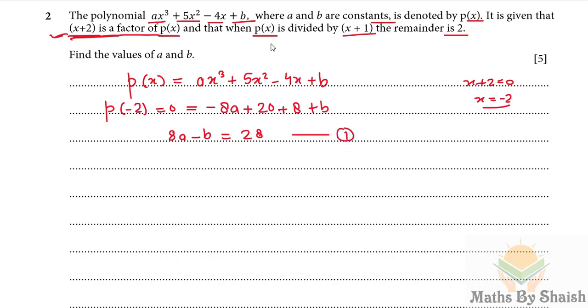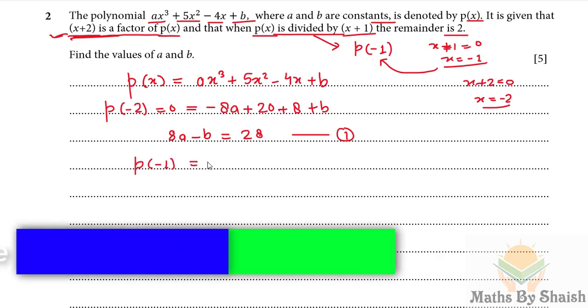And from the second condition we'll use the remainder theorem: when p(x) is divided by x plus 1, the remainder is 2. By the remainder theorem, the remainder has to be p of minus 1, where the x value is minus 1 because x plus 1 has to be 0. So we use p of minus 1 as 2.